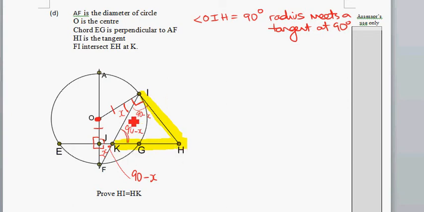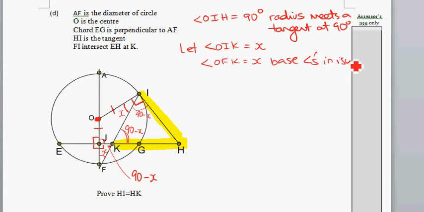So now we have to set out what we did. So we said let angle OIK equal x, and therefore angle OFK equaled x, because base angles in an isosceles triangle are equal. So we've justified that one being x.